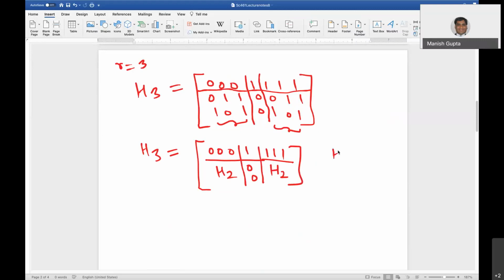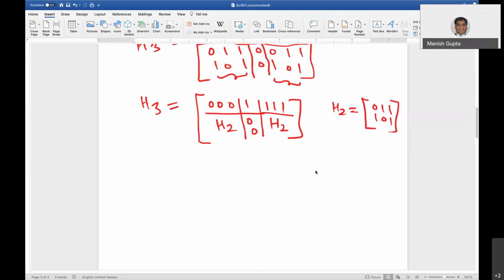Where H2 is in our case now 0 1 1 1 0 1. If you take H2 like this, H3 can be obtained like this, right? So with this in mind, I can write down H_R.